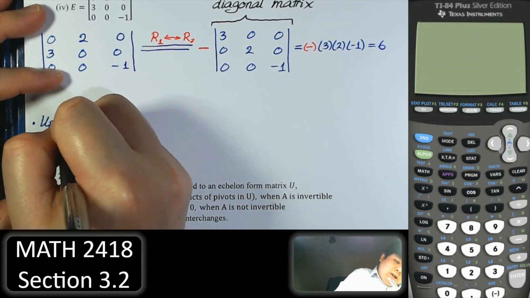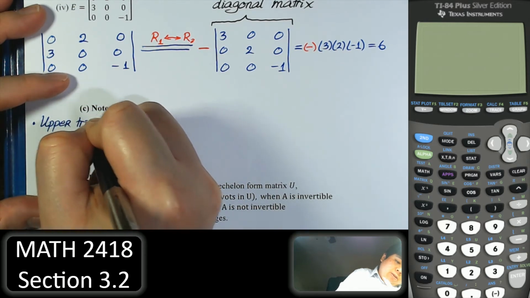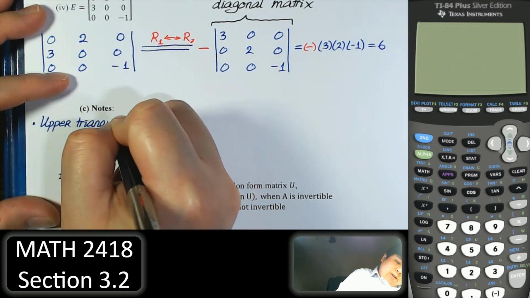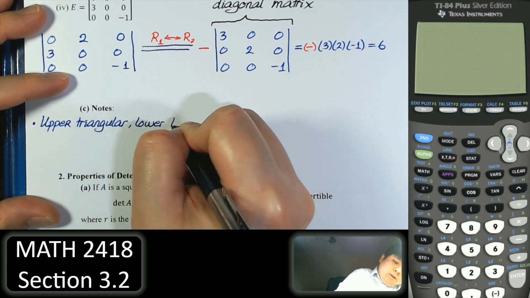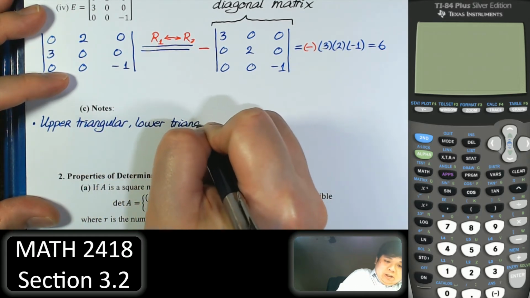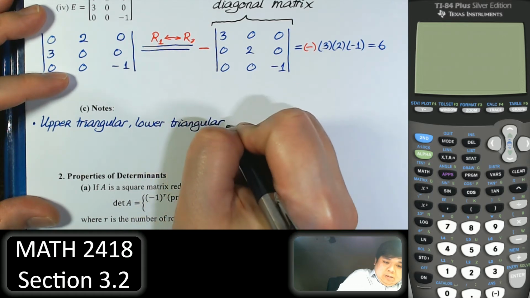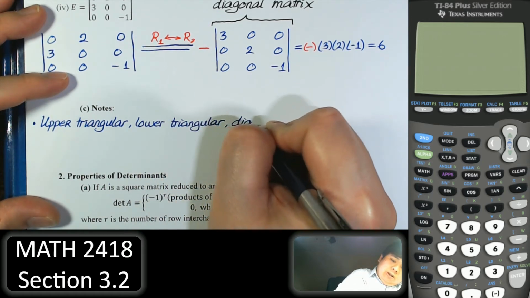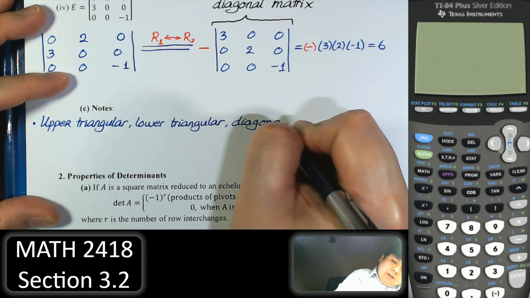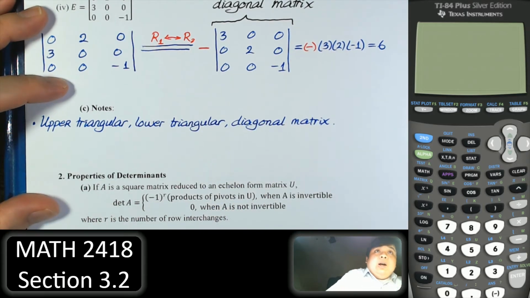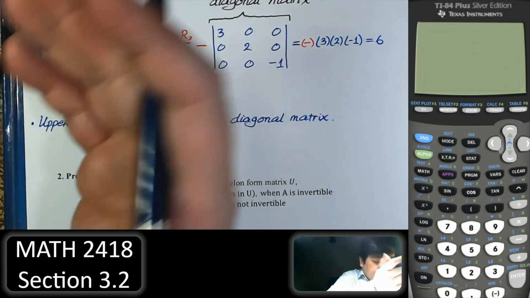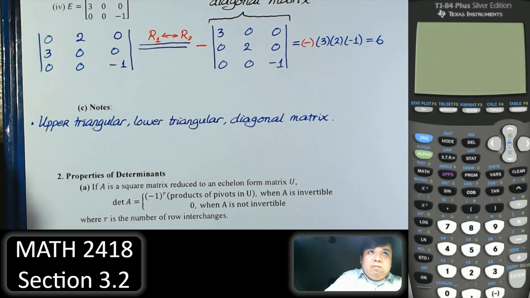So upper triangular, lower triangular, or diagonal. We know that the determinant is equal to the product of diagonal entries.